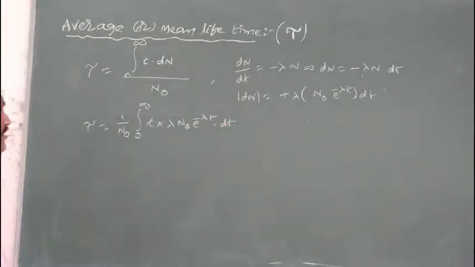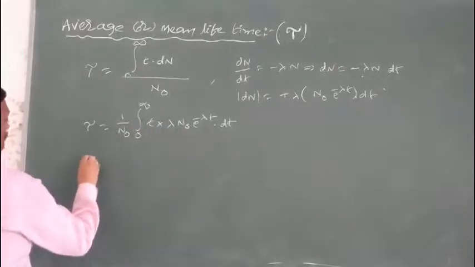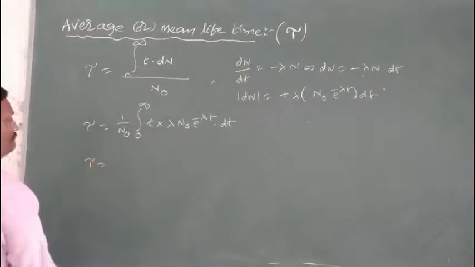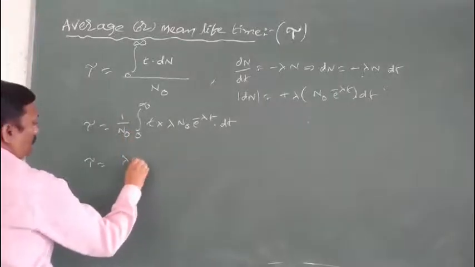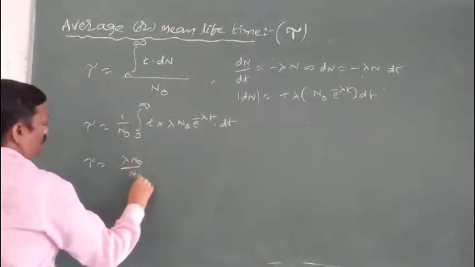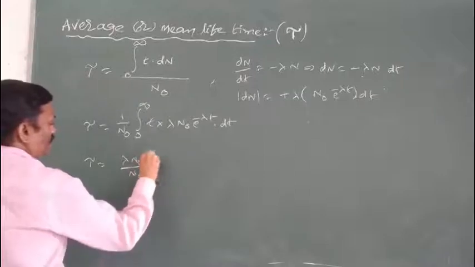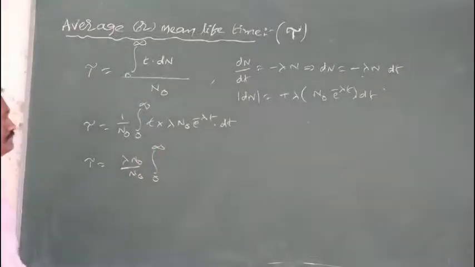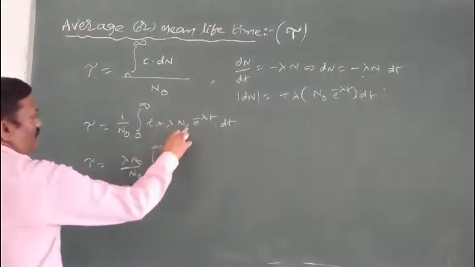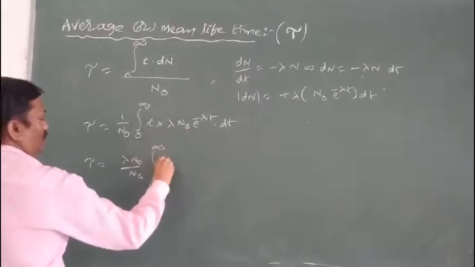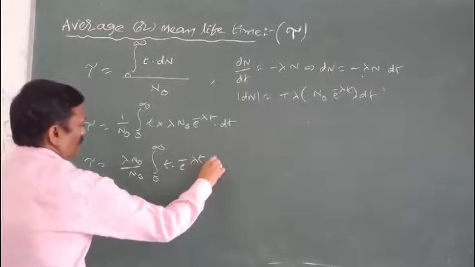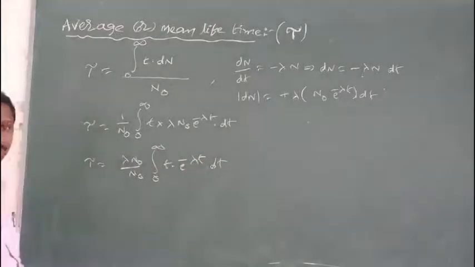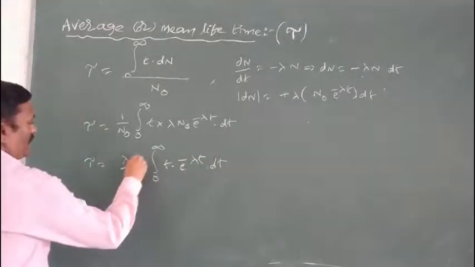Constant values move outside the integration. So tau is equal to lambda N0 outside, over N0, the integral from 0 to infinity, and the remaining value becomes t e power minus lambda t dt. The N0 in the numerator and denominator cancels.